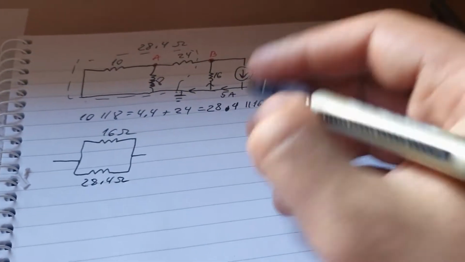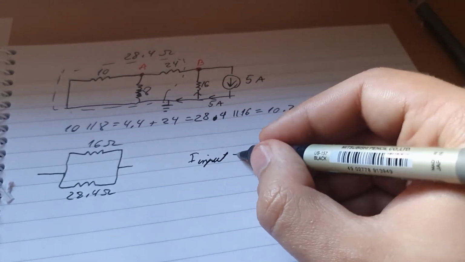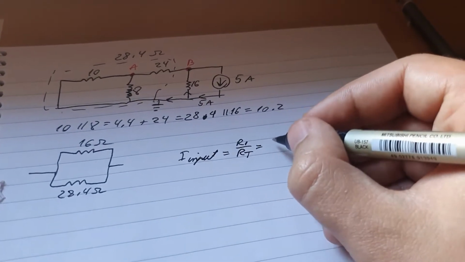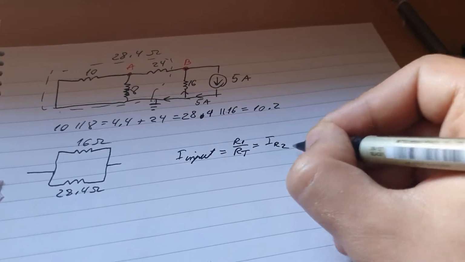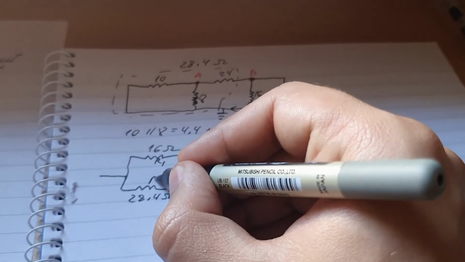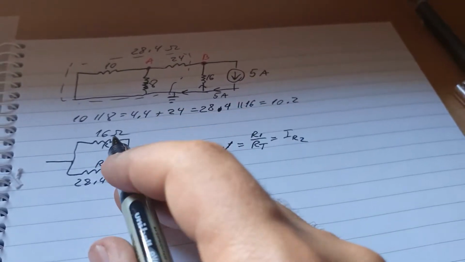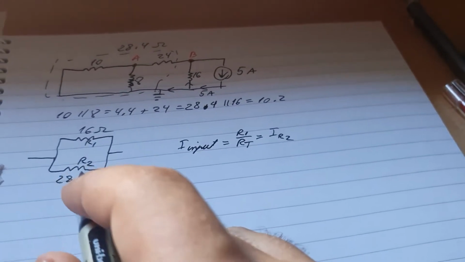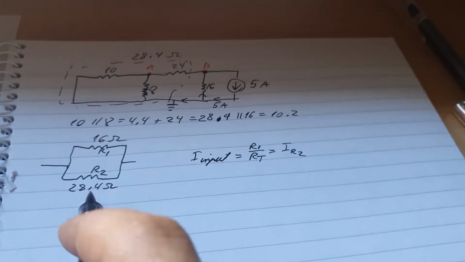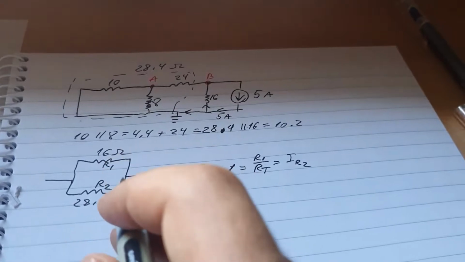And then we use this formula: I in equal to R1 over RT times I in, and we name this one R1 and this one R2. Now, this might sound confusing, but when you use the first resistor, you'll get the value of current through the second resistor. And R total is the total between those 2 resistors. And we don't calculate like in parallel, we just add them together.